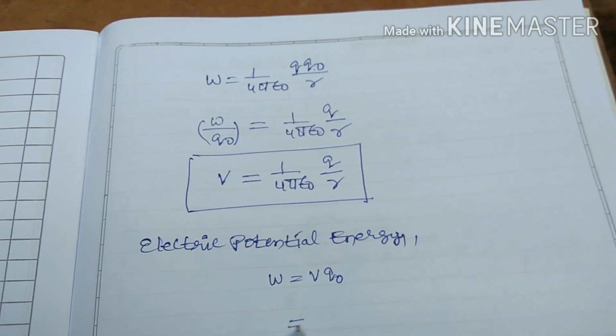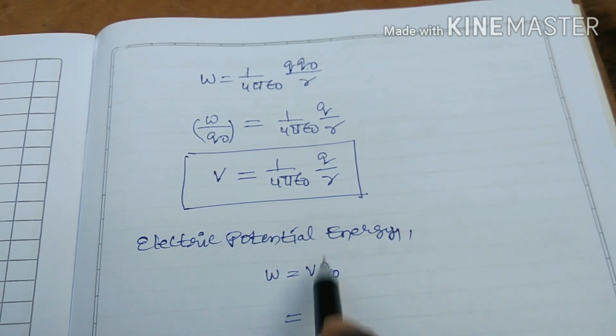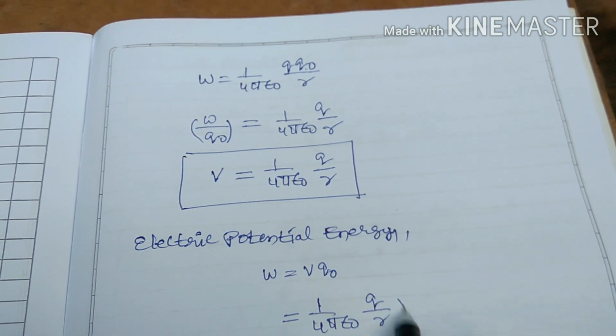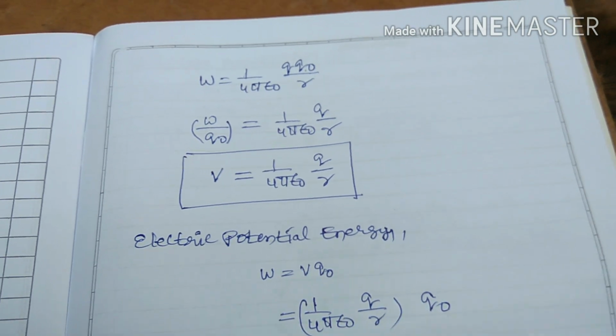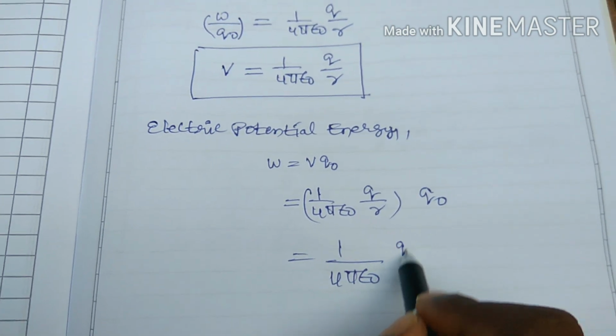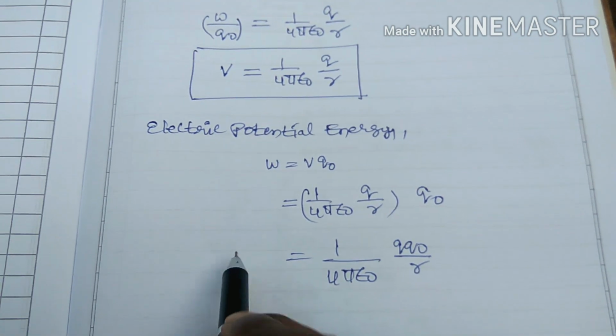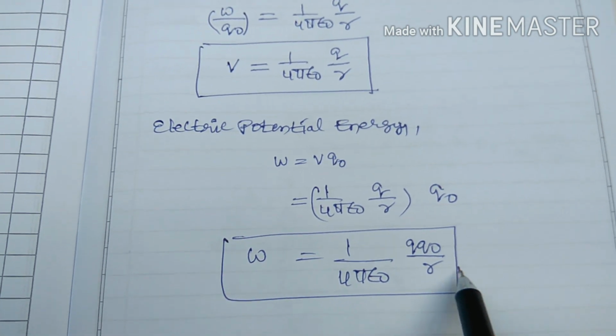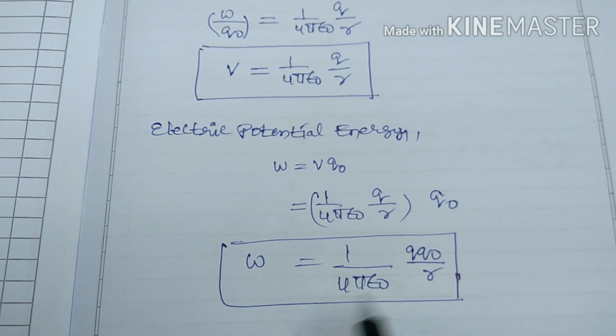So we can write W is equal to V, replaced by 1 by 4 pi epsilon naught, Q by r, into Q naught, which can be written as 1 by 4 pi epsilon naught, Q Q naught by r. So this is the electric potential energy between the two charges.